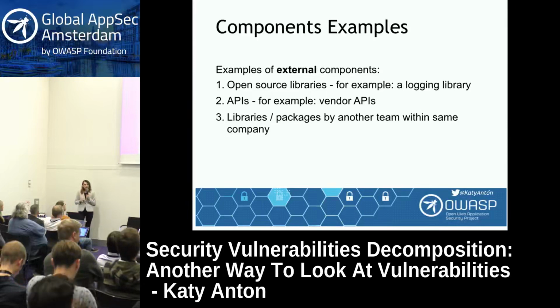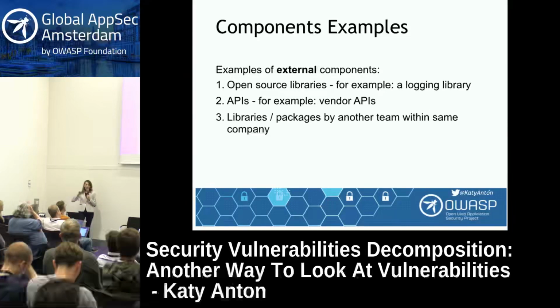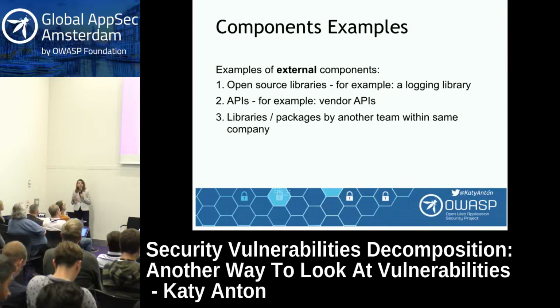Because again, these are external components, and despite the fact that it's a partner, we have to remember that these days there is a trend where rather than attacking the main target, the hackers choose to attack a vendor, a partner of the main target. So we need to treat this one as an external component as well. And the next example is when you're bringing in another library from another team within the same company. And this happens a lot in large companies where you have one library that is then used through multiple applications.